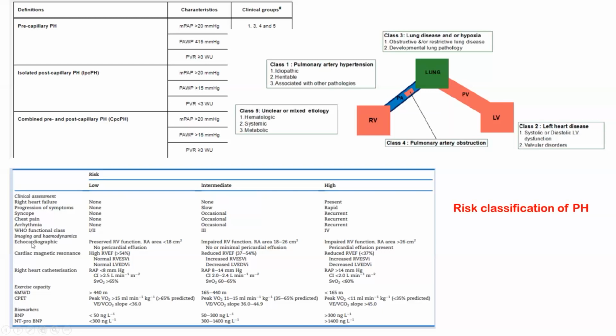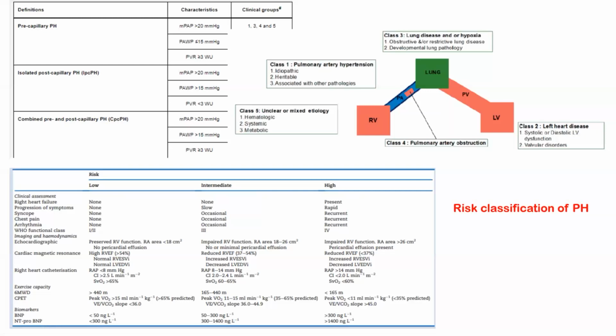And if you do the imaging and hemodynamic studies, here the various findings are given, and in the extremely high risk cases, right atrial area is more than 25 centimeters, pericardial effusion may be present, the RAP is more than 14. So this slide is very important to remember, what all the various parameters which get altered to assess the risk.